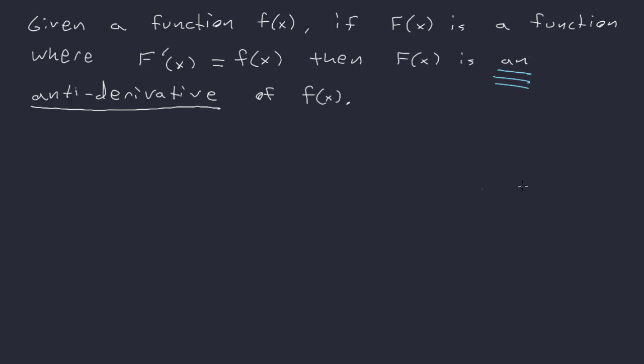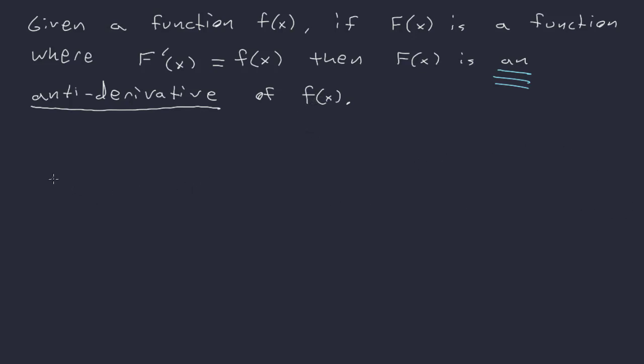Let me give you an example. I think this is a little brain melty as far as how this is worded and how we define it. But basically, an antiderivative of little f is going to be any function where, if we take the derivative and get back to f, that will be its antiderivative.